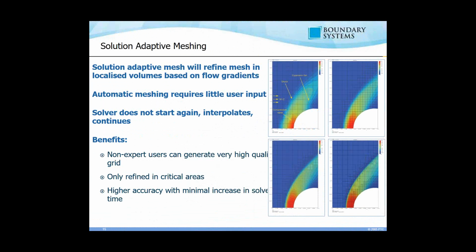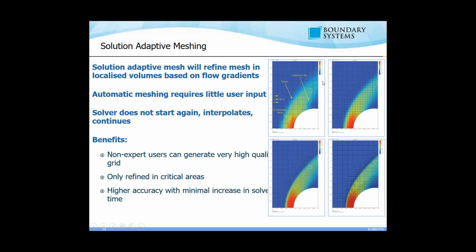All right, and then finally, I'll talk about the solution adaptive meshing. What FloEFD has is the ability to refine the mesh while it's running in areas of high gradient or flow, right? So for example, you'll notice in this series of screenshots, with my initial mesh over here, I just have sort of a uniform distribution of mesh around everything.